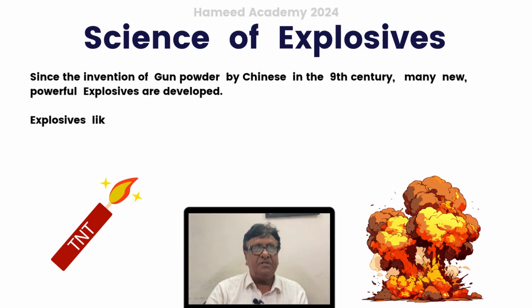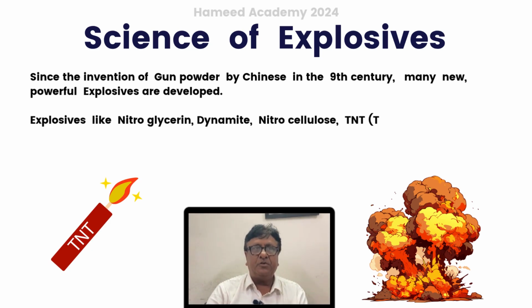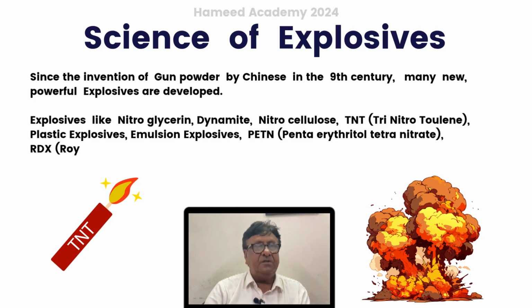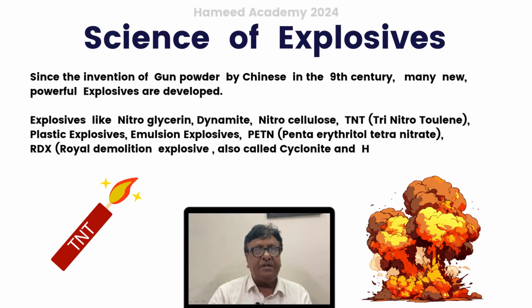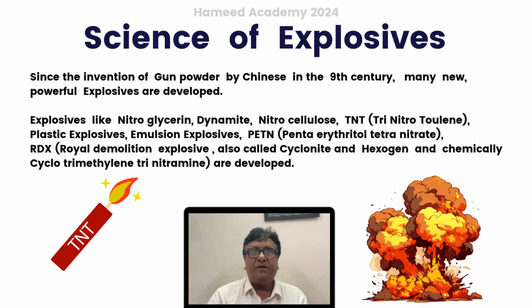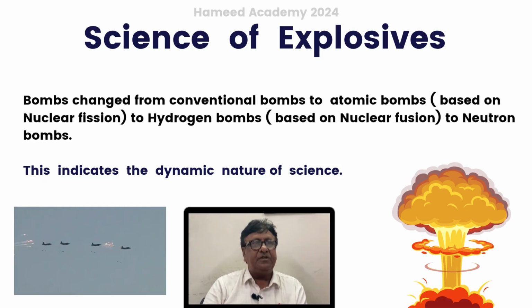Explosives like nitroglycerin, dynamite, nitrocellulose, TNT, that is trinitrotoluene, plastic explosives, emulsion explosives, PETN, that is pentaerythritol tetranitrate, RDX, that is Royal Demolition Explosive, which is also called cyclonite, and hexogen, and chemically cyclotrimethylene trinitramine are developed.